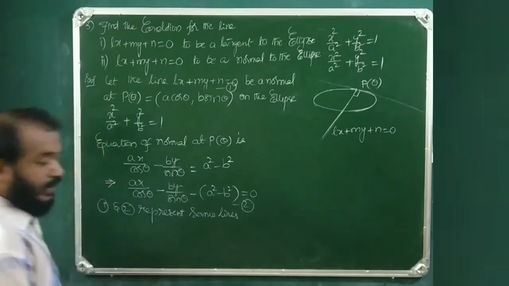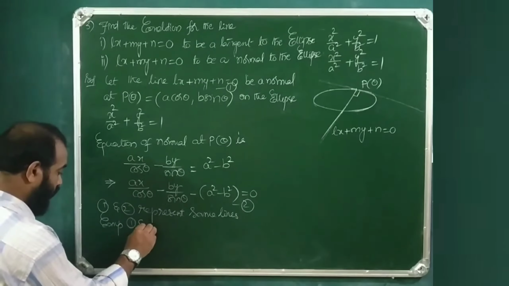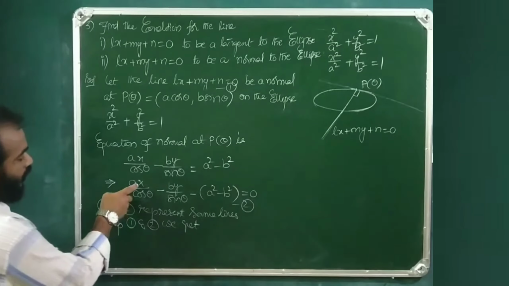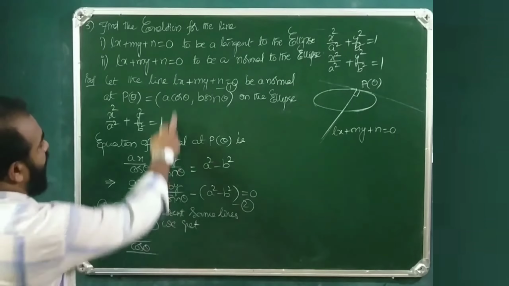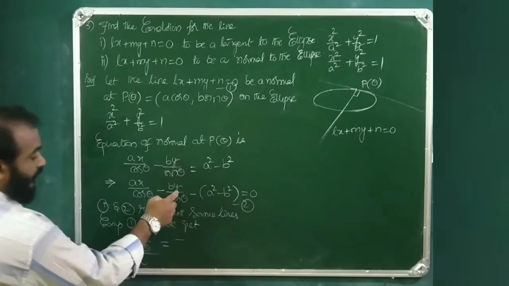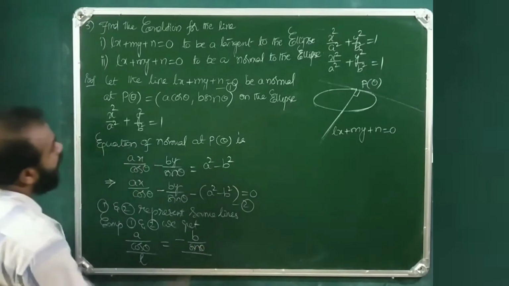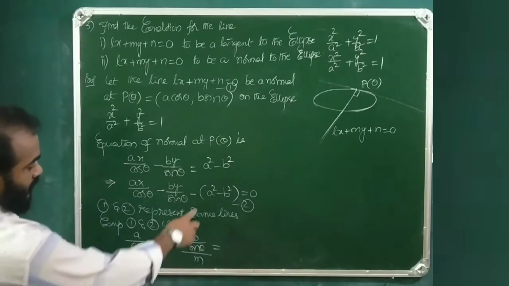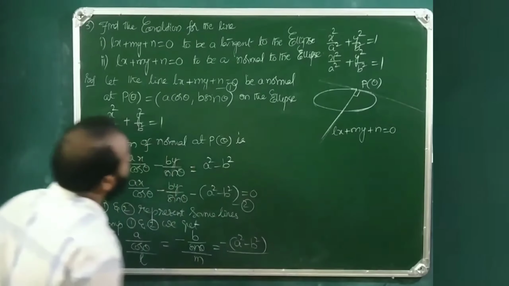Therefore, comparing 1 and 2, we get: the coefficient of x is a by cos theta by L is equal to minus, the y coefficient is minus b by sin theta by m is equal to, the constant is minus of a square minus b square by n.